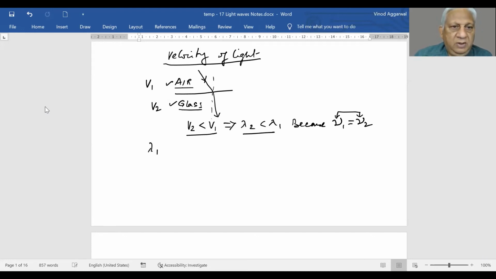We can say lambda 1 is velocity of light in media 1 divided by frequency. Since frequency doesn't change, we don't designate it any differently. Lambda 2 will be velocity.